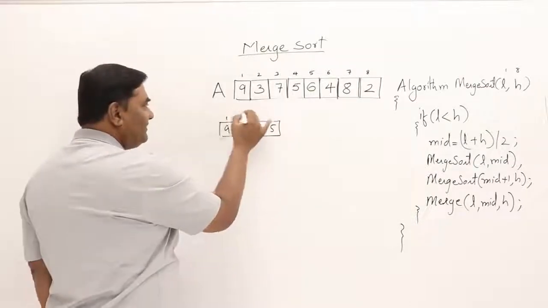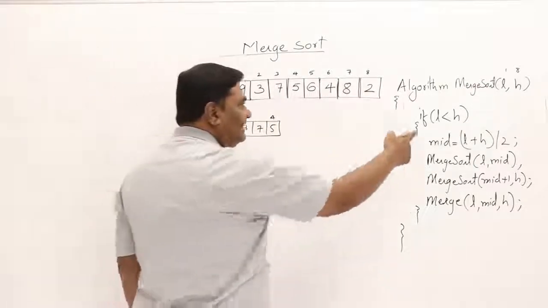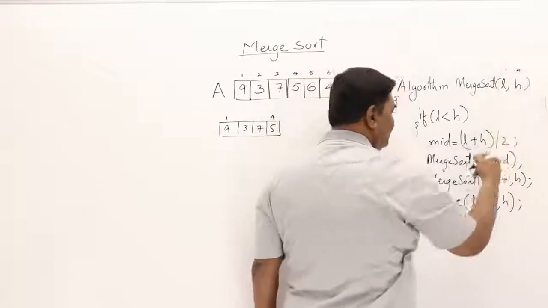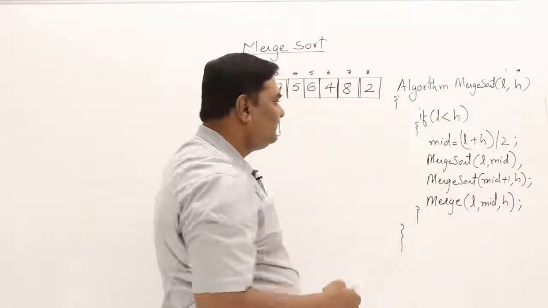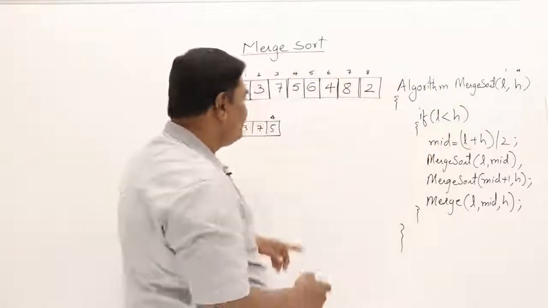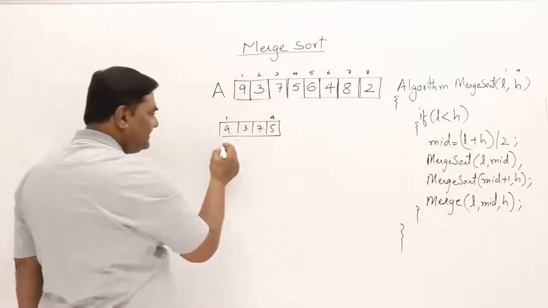Now this is 1 to 4. So this is the first call, right? Then 1 to 4, the first recursive call. 1 is less than 4, so again it will call itself by finding mid. Again it will split.